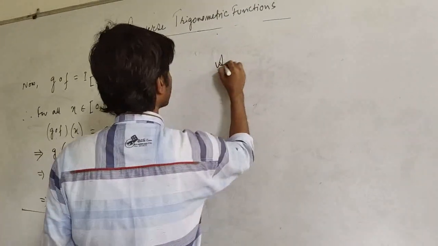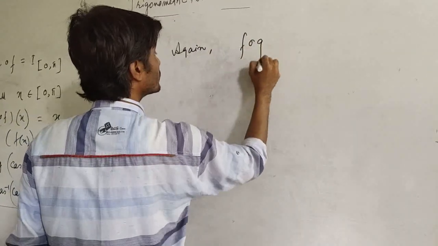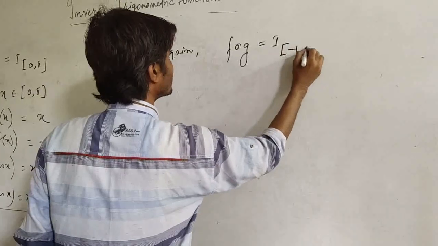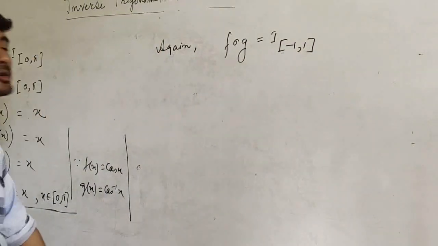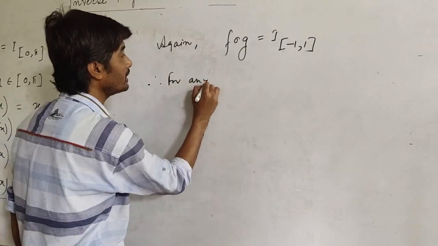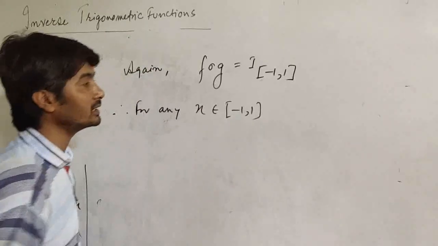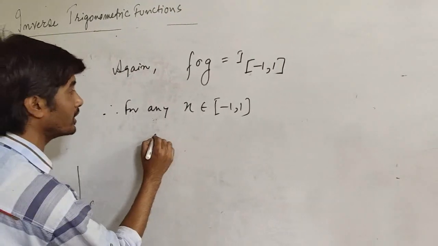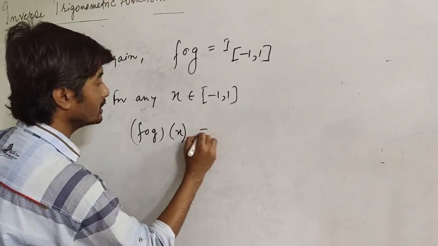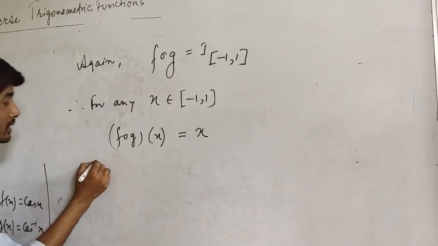Again, say f∘g, we have seen that this is the identity function in the closed interval -1 to 1. Therefore, for any x belonging to this interval -1 to 1, using the definition of the identity function, we can write f∘g(x) should give us x again, being the identity function.